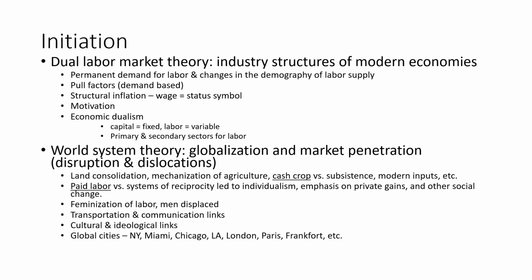And the primary sector of labor corresponds to the fixed labor, which is akin to capital, because employers invest quite a bit in this fixed labor to train them, to hone them, to prepare them to work in different organizations. And the variable labor is akin to the secondary sector of labor. They have less permanency.